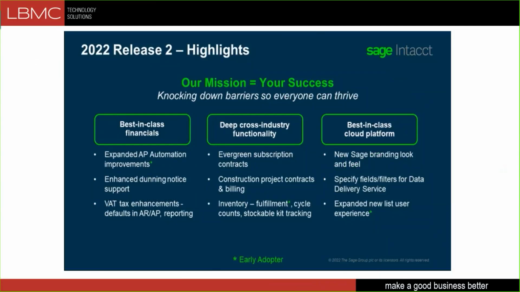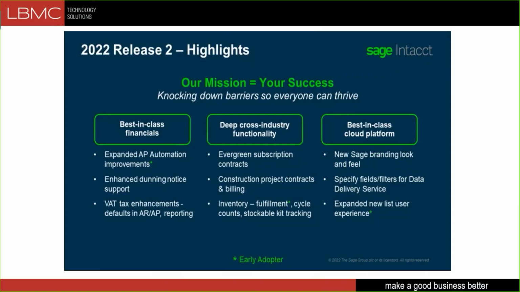So the highlights of this release, Intacct has organized into 3 major themes. They really wanted to focus on creating best-in-class financials. So in order to do that, they've expanded some AP automation improvements.